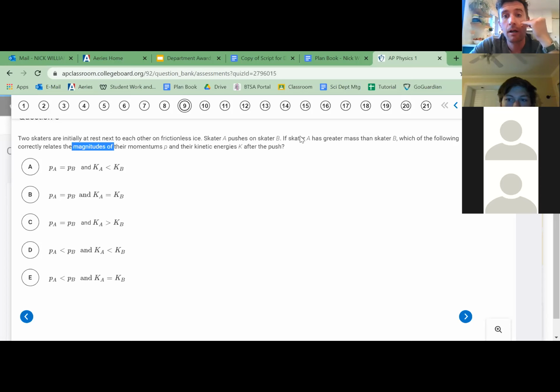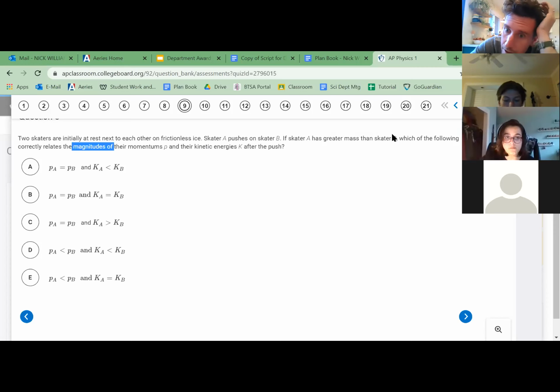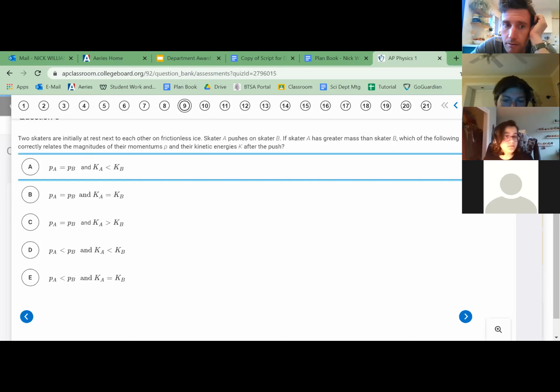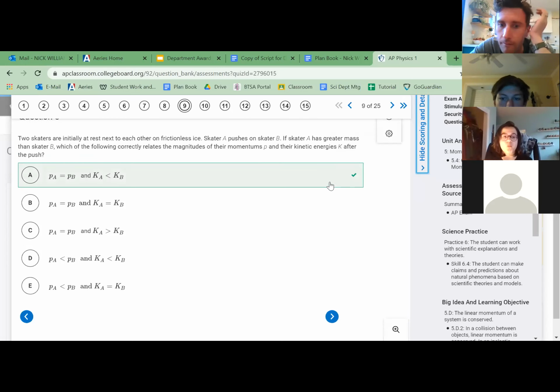So skater A had greater mass. It doesn't actually matter who's pushing and who's being pushed because the force is equal on both of them. But skater A has greater mass, so skater B should have greater kinetic energy. So KB should be greater than KA. I believe the answer should be A. Let's see. Yay! It is.